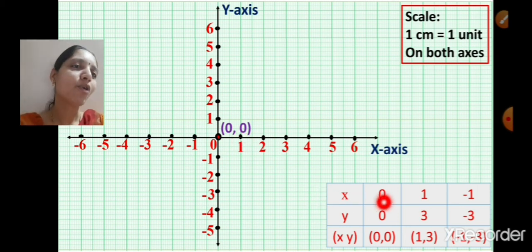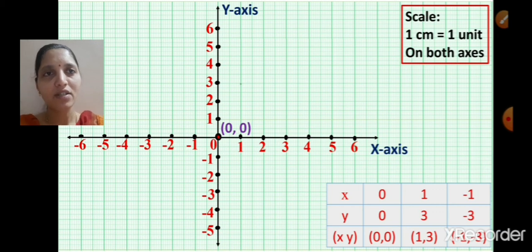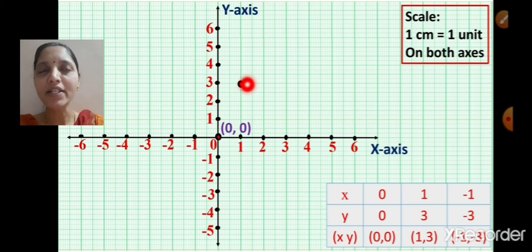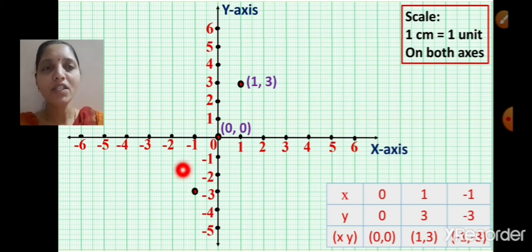Now the next point has coordinates 1, 3. So let's see, x coordinate is 1, y coordinate is 3. So that point will have coordinates 1, 3. The third point has coordinates -1 and -3. So this will be your third point, -1 and -3.